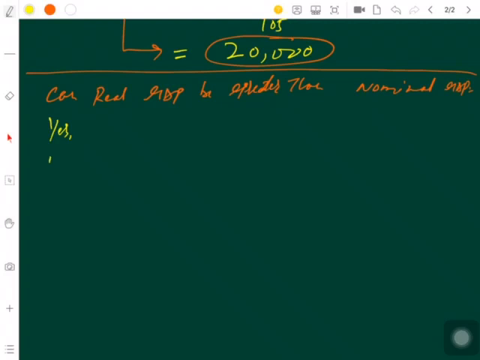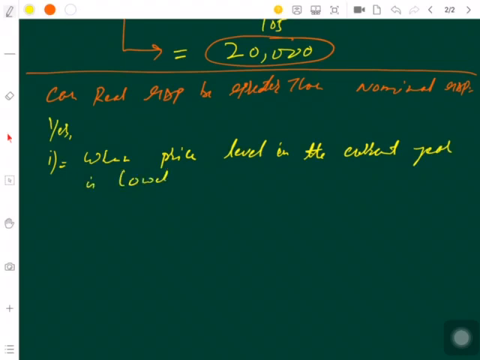Reason number one, when price level in the current year, means this year, is lower than that in the base year.